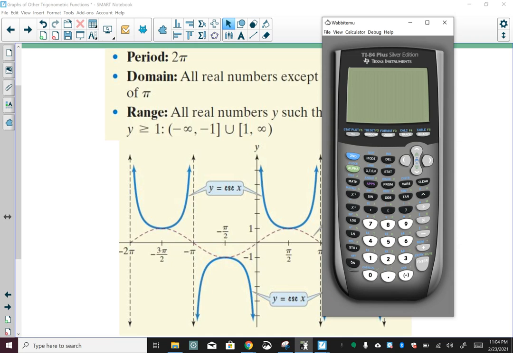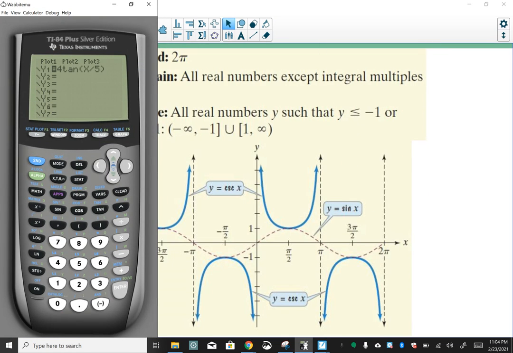So if I take a look here, if I can make this bigger. If I come over here and I say sine of x, I'm going to plot that. I might need to fix my window because I think it's too small. So I'm going to make this a little bit bigger here.